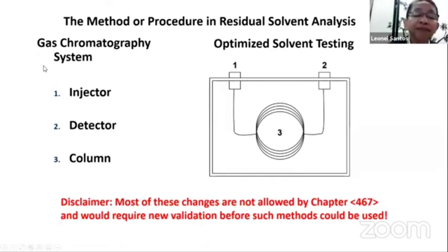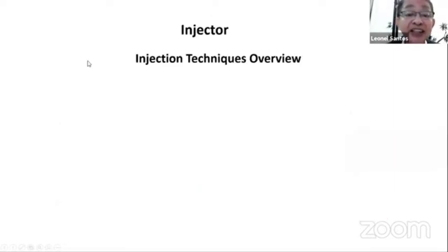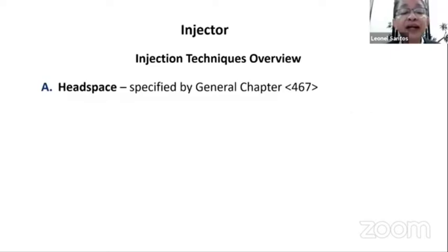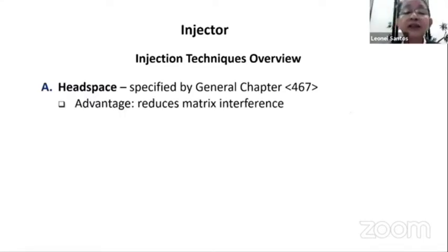So make sure that when you're using the 467 described in USP, you can modify this, but it may require revalidation again for those conditions that you are changing in a major way. The injector can either be a headspace, which I think the Central Instrumentation Facility has this instrument, the headspace sampler. And this is the one that is described in the General Chapter 467.